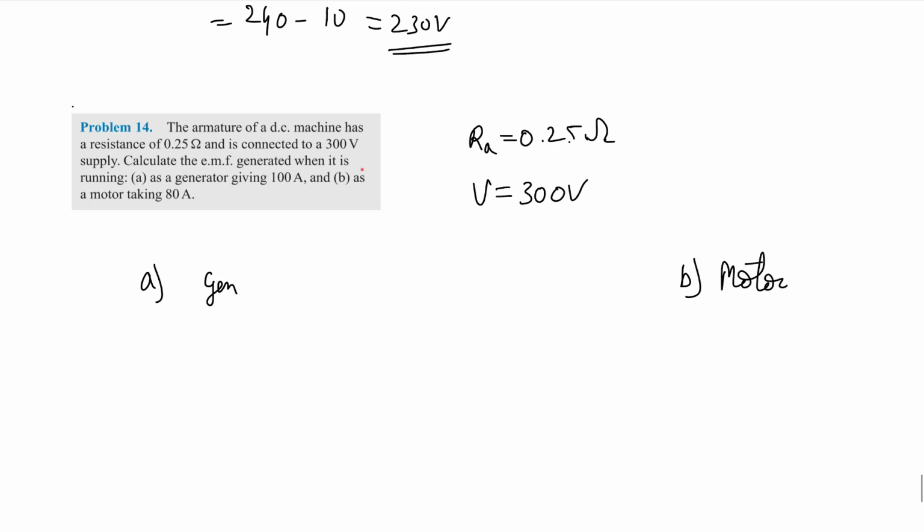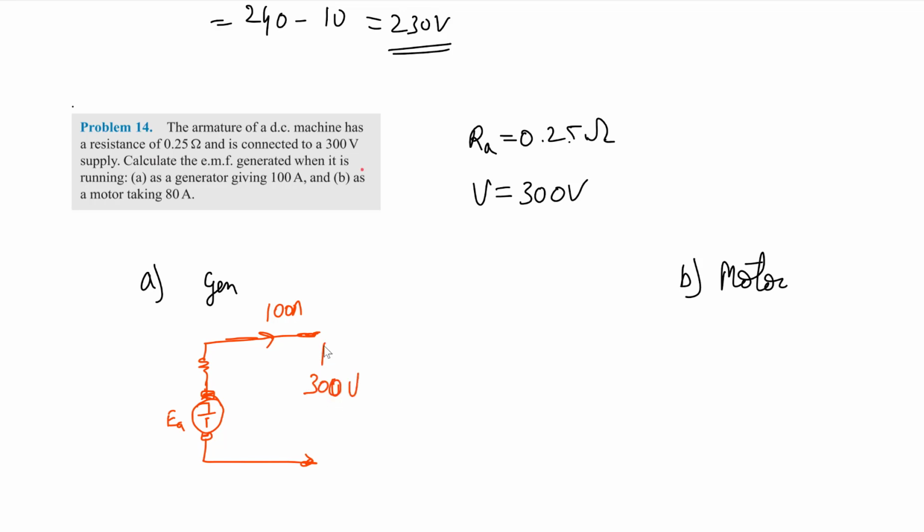When it is operating as a generator, this is the armature, EA is generated, there is the armature resistance, and it is giving a current of 100 ampere. Terminal voltage is 300 volt.